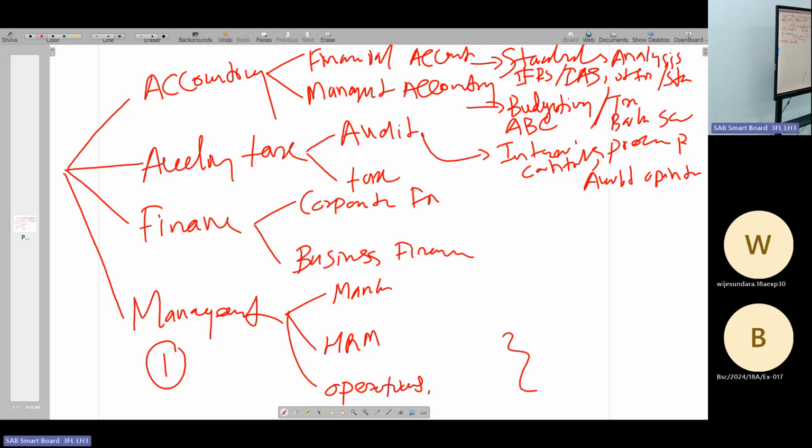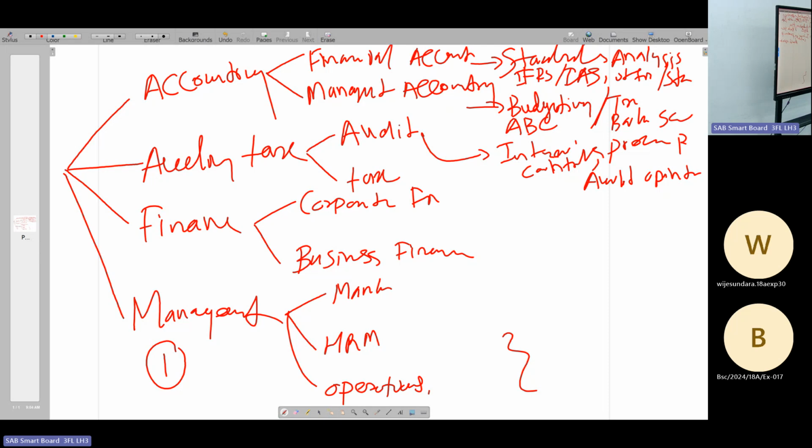The last one is operations. Under operations, you have the chance to identify supply chain management. What else? Layout planning, what are the things that you have discussed there?